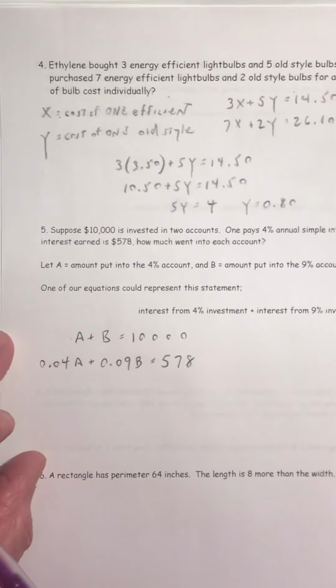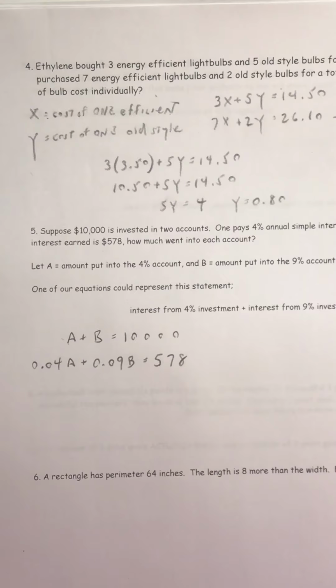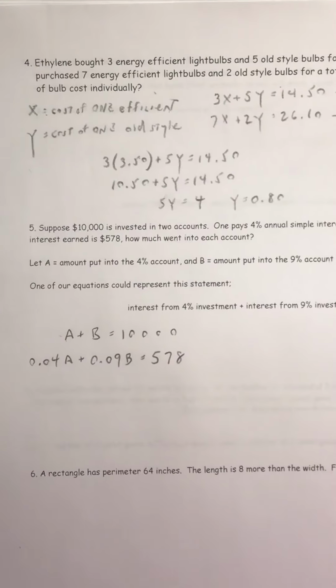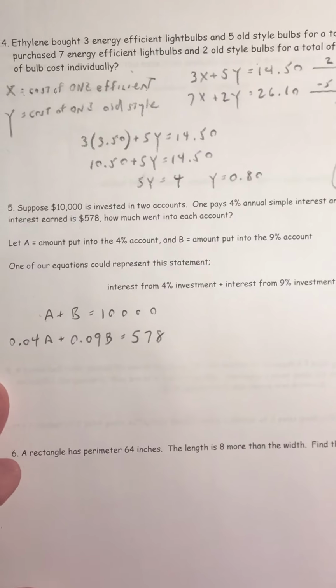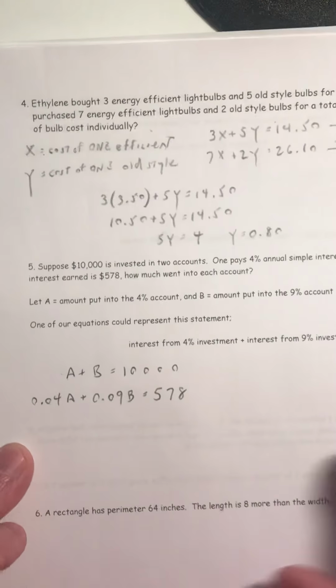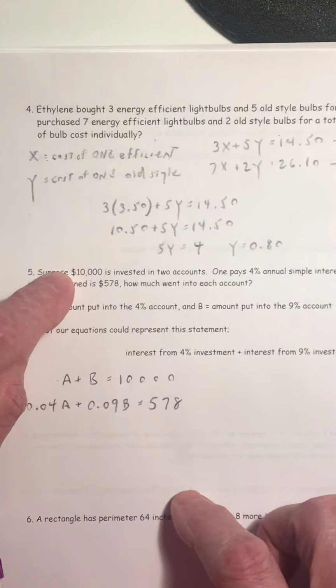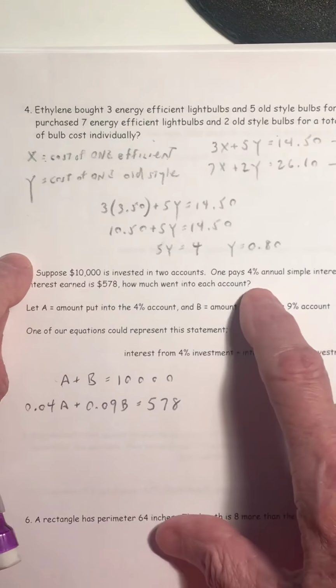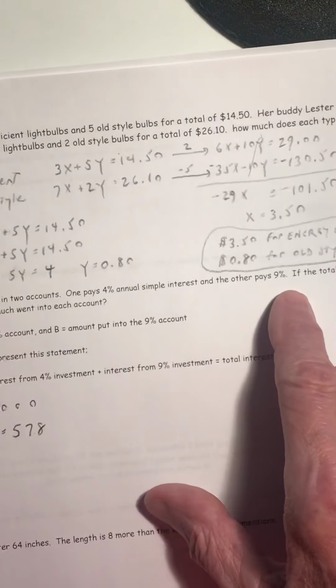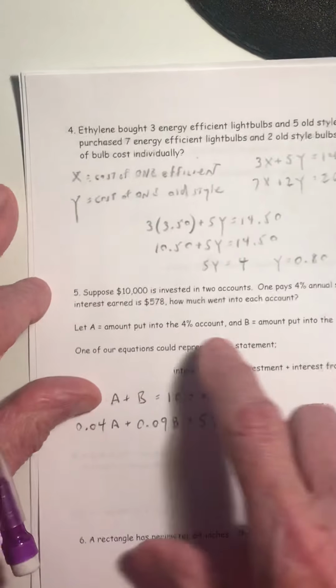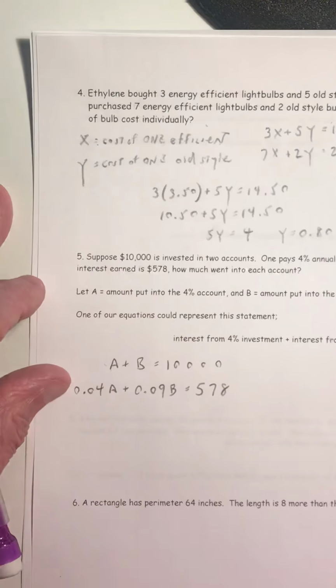Now this next problem, we did one of these yesterday also. I'm looking at $10,000 being invested 2 different ways: in a 4% account and also at a 9% account, and the total interest was $578.